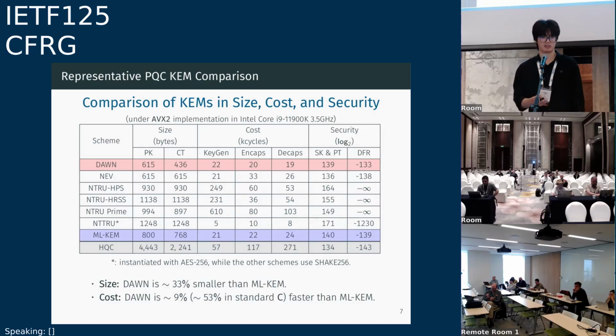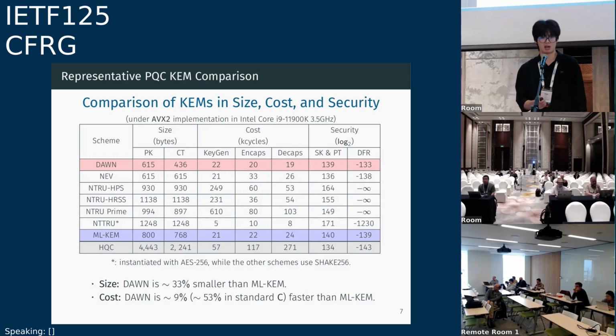Okay, we see here there are several NTRU family KEMs. They show different advantages, such as NTRU HPS, HRSS, and NTRU Prime. They have no decryption failure, and they have a higher concrete security level. While Dawn and Knife, some of the latest NTRU constructions, show smaller size and higher efficiency compared to ML-KEM.